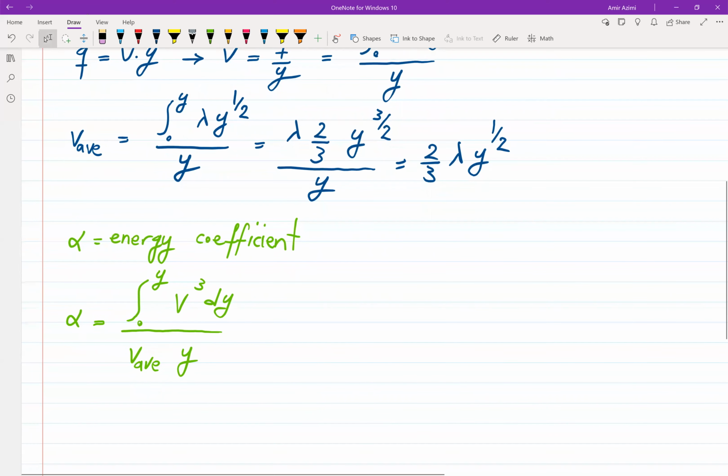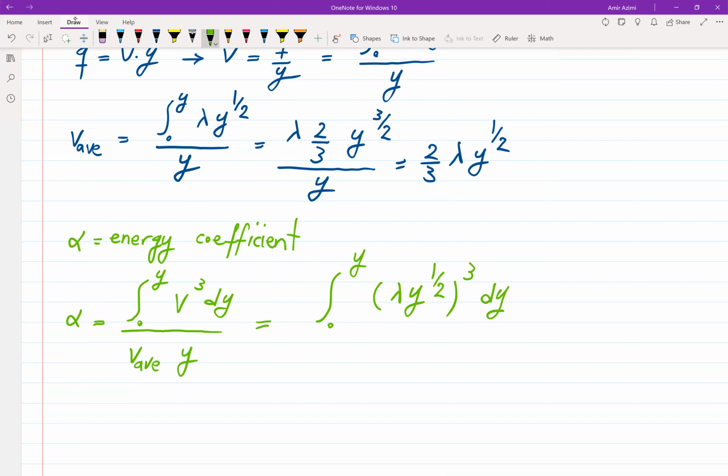So now I need to replace the expression of velocity to the power of 3 and replace the expression of the average velocity. It's going to be integration from 0 to y, lambda y to the power of 1/2 to the power of 3 dy divided by v average to the power of 3, so 2/3 lambda y to the power of 1/2 to the power of 3 times y.